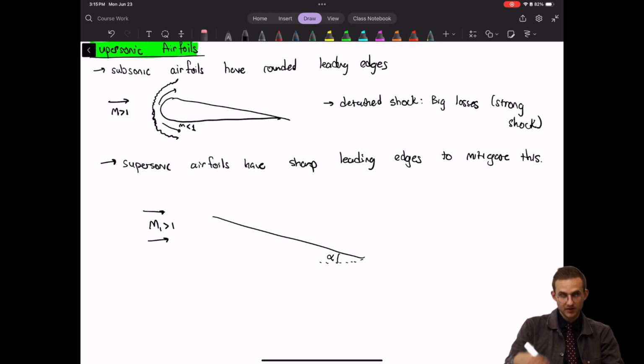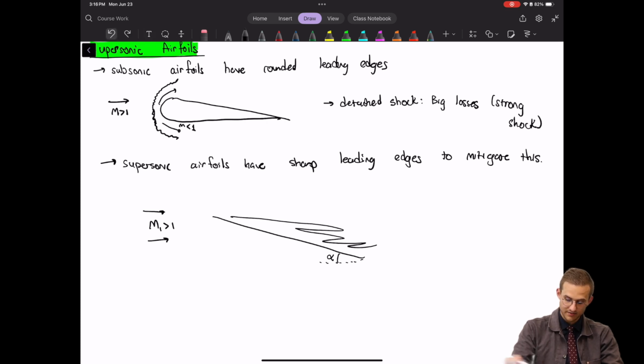Well, we know that there's going to be some sort of flow direction boundary condition, right? Because the flow can't just continue straight over the top edge of this airfoil, or else you would have a void in the shadow of the airfoil. So it has to turn downwards, we'll call this region 2, to be parallel with the airfoil.